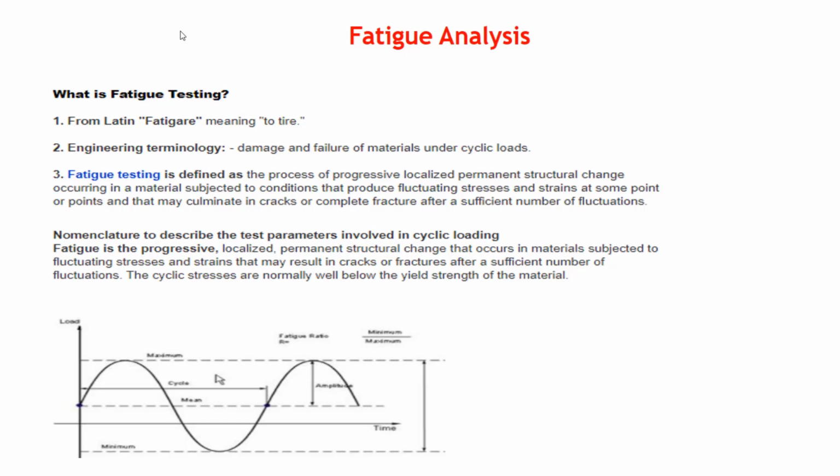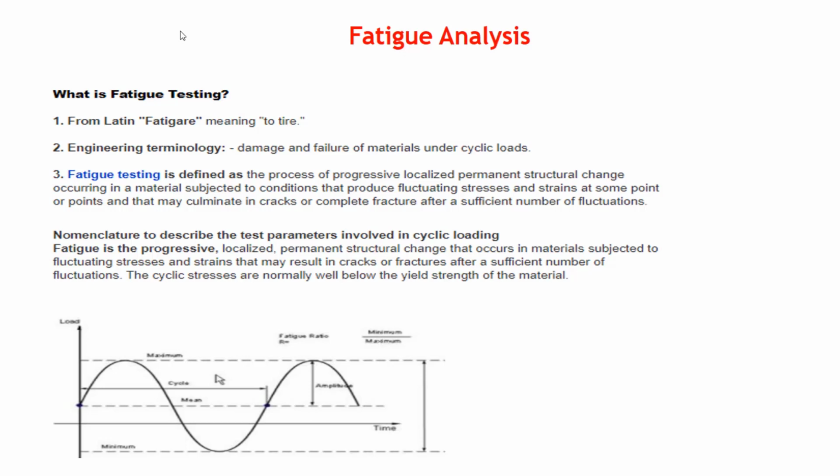It is a progressive, localized, permanent structural change that occurs in a material subjected to fluctuating stresses and strains. That will directly lead to crack propagation after a sufficient number of fluctuations. There might be high fatigue cycles and low fatigue cycles, which we'll see now.